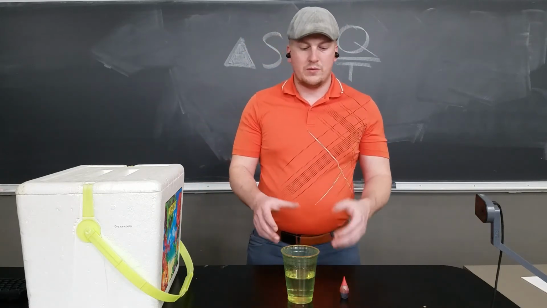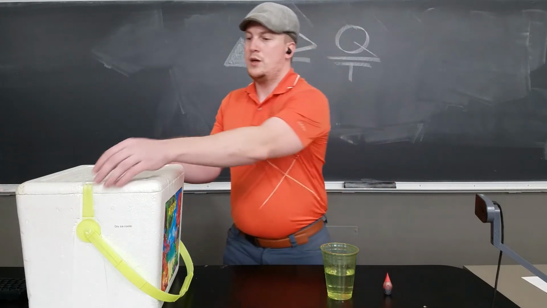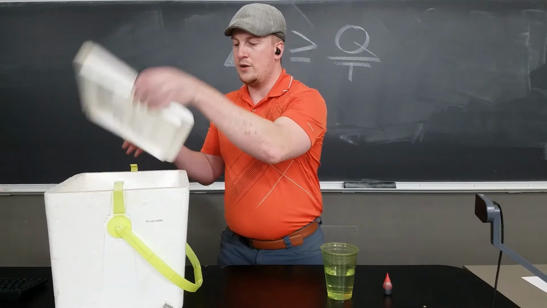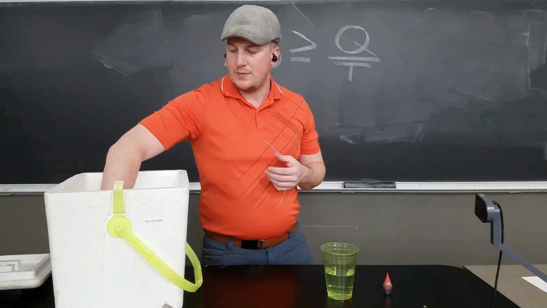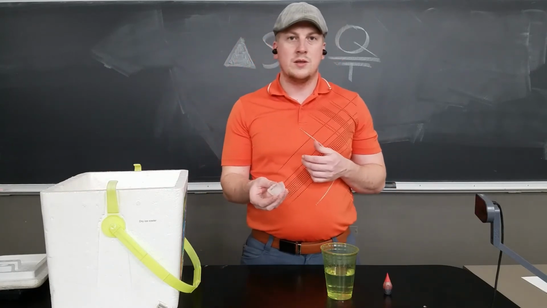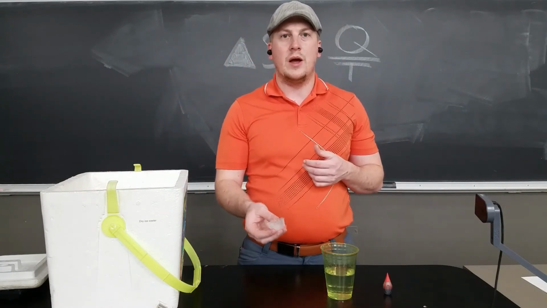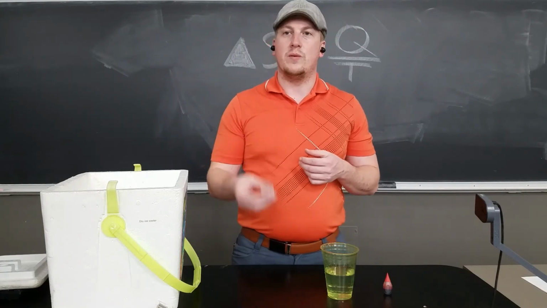To go over the difference between irreversible and reversible processes, let's look at two different situations having to deal with the same substance. If I take a piece of ice, melt it down, and freeze it again, that's an example of a reversible process.